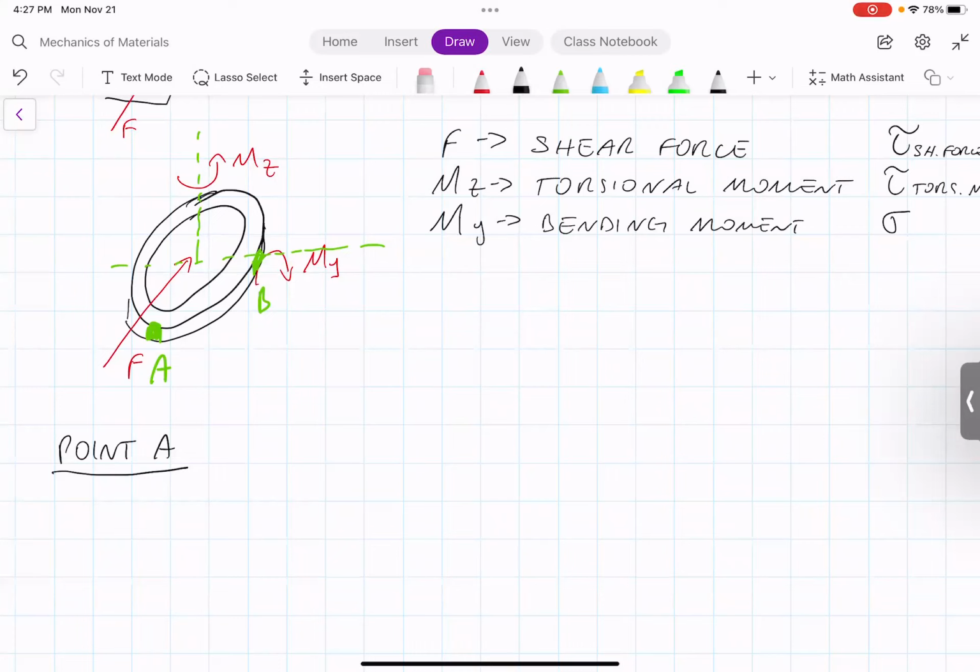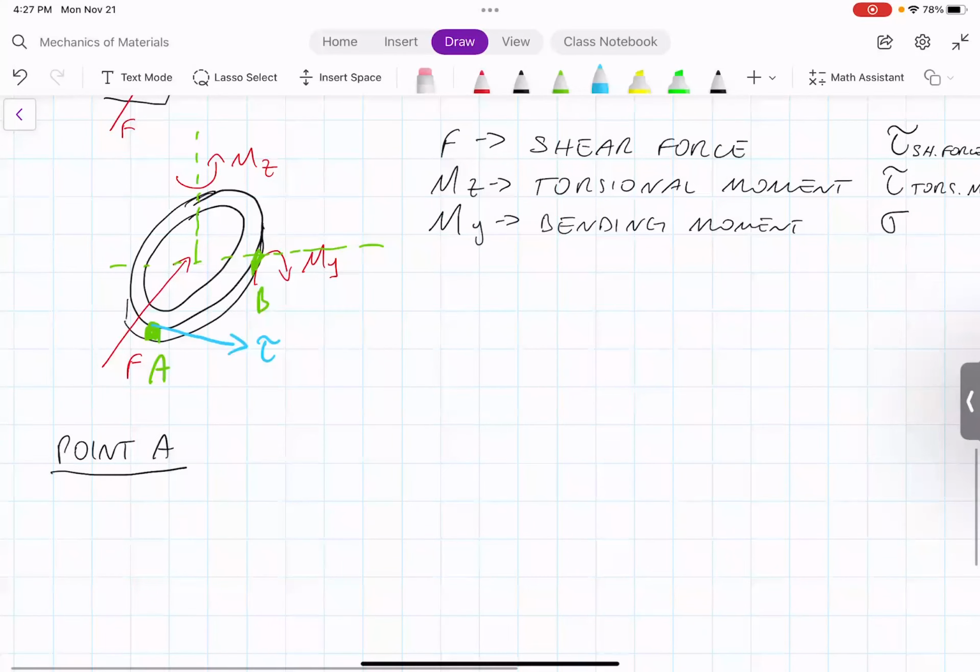Here I will use the blue. So this is tau due to the torsional moment.